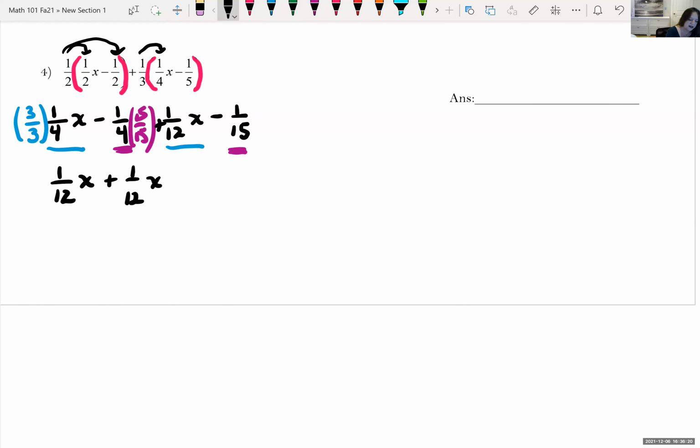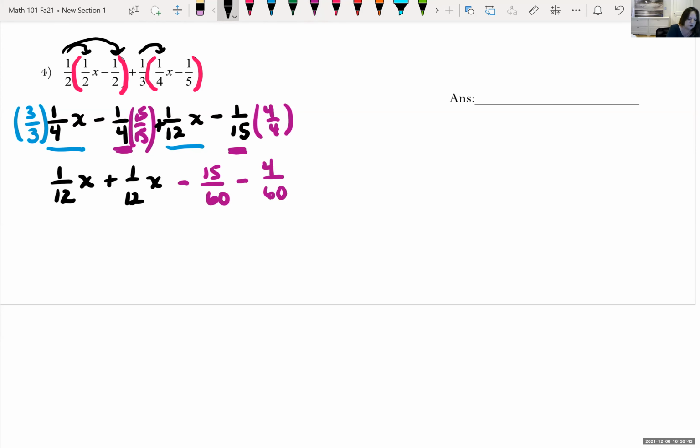And I'm going to multiply this -1/15 by 4 over 4. Okay, so -1/4 times 15 over 15 is minus 15 over 60 minus 4 over 60.